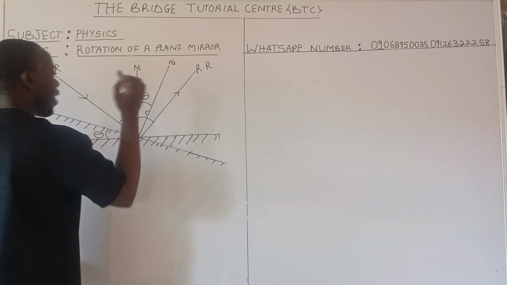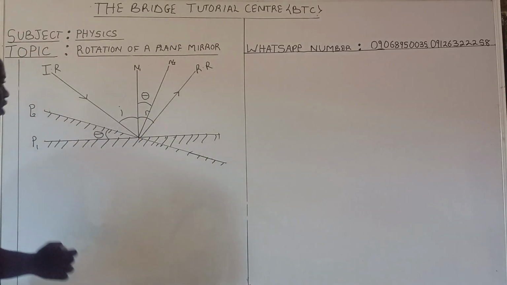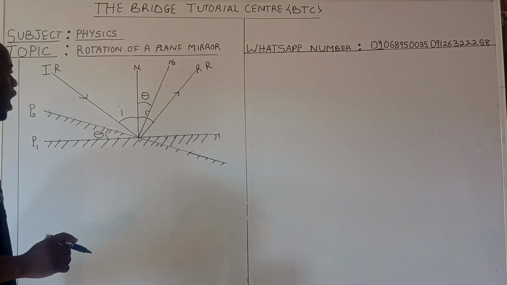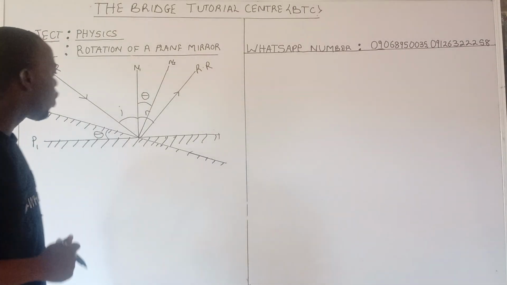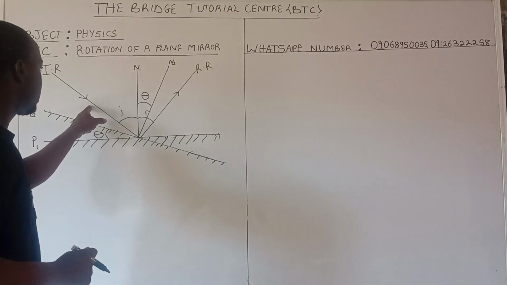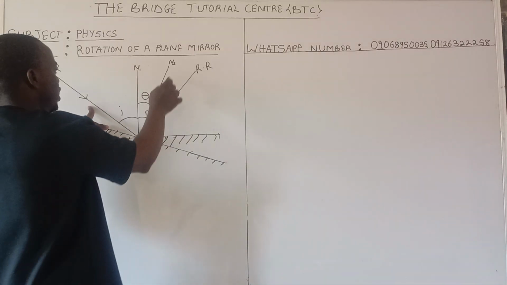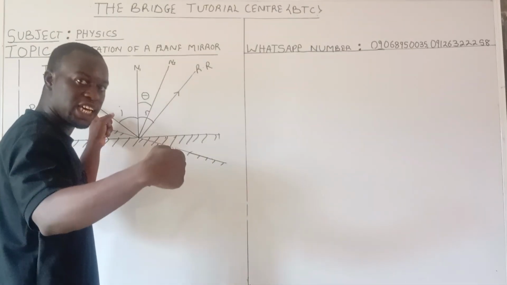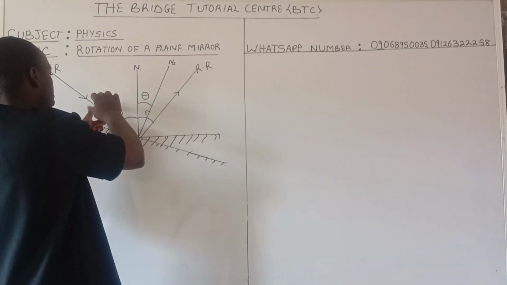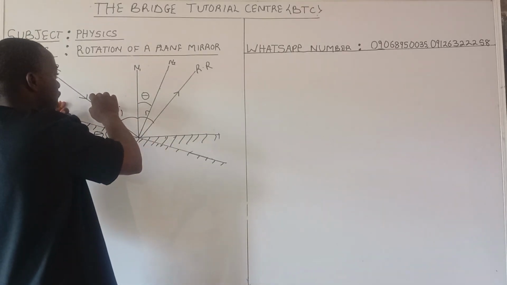So if this is theta, let us take a look at our new angle of incidence. This is the incident ray, and this is the new normal. The angle of incidence is the angle between the incident ray and the normal. Since our normal has changed, our angle of incidence will also change.